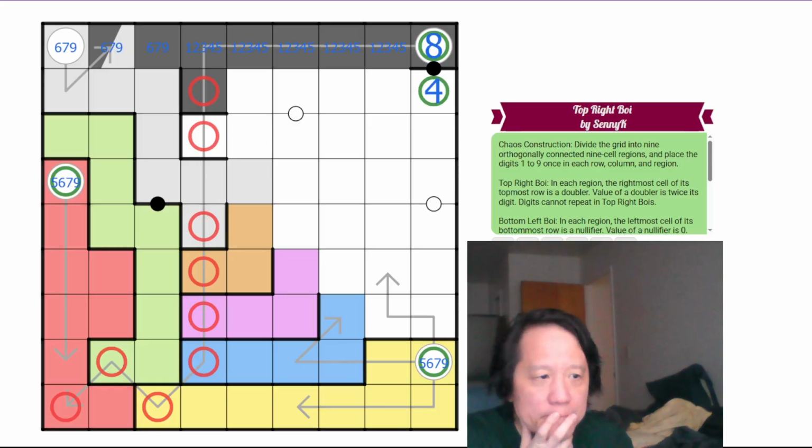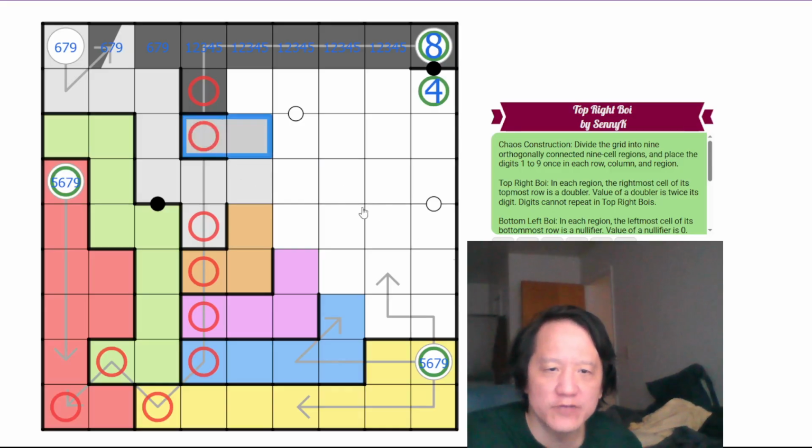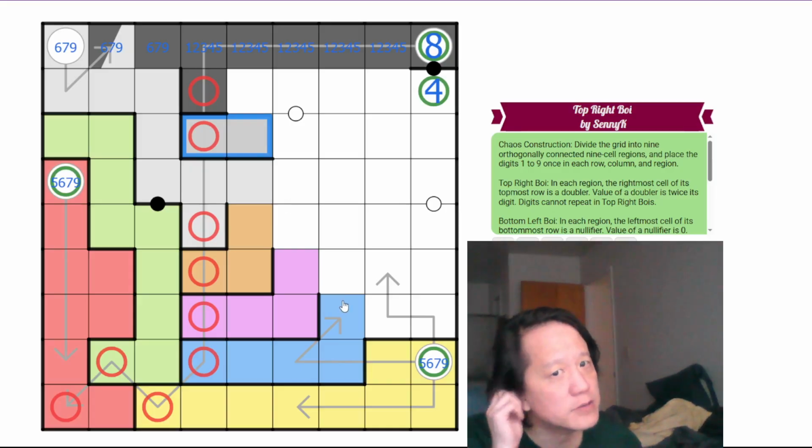So we'll make this medium. Medium does have to go out that way. And it cannot ever go down because this is the bottom row for that region.